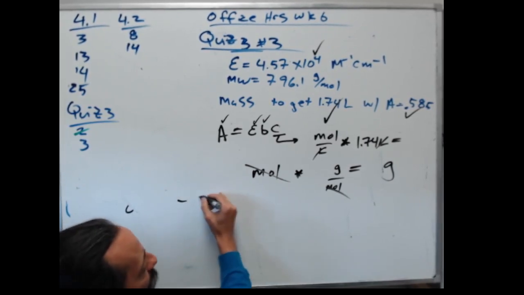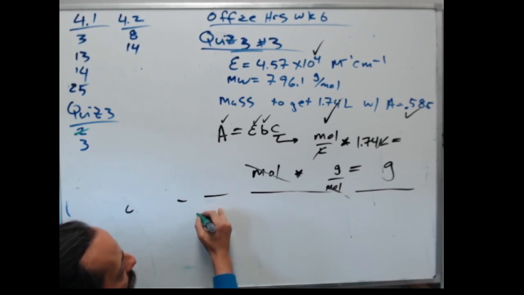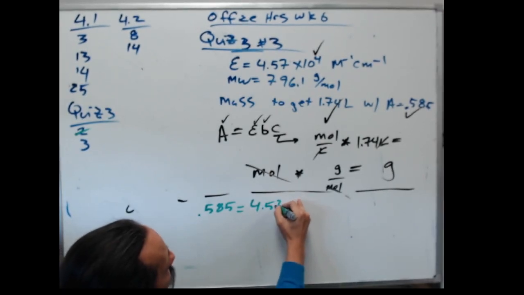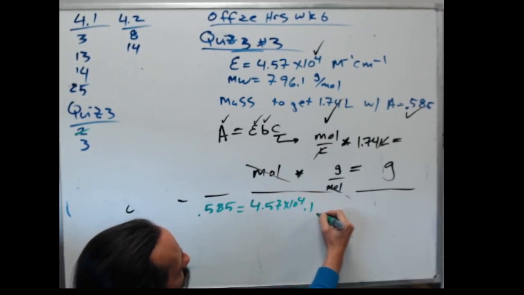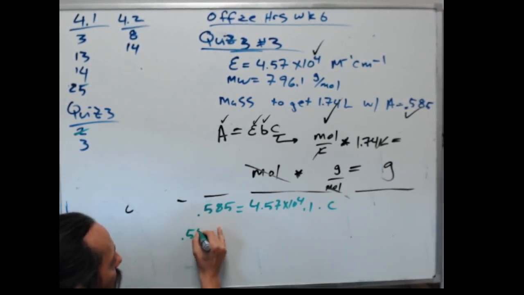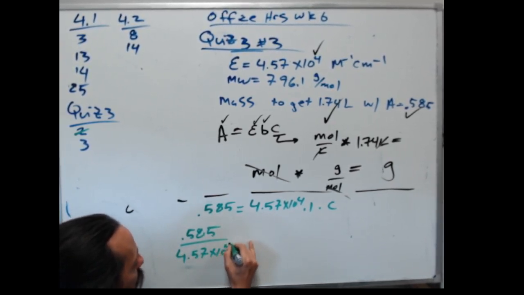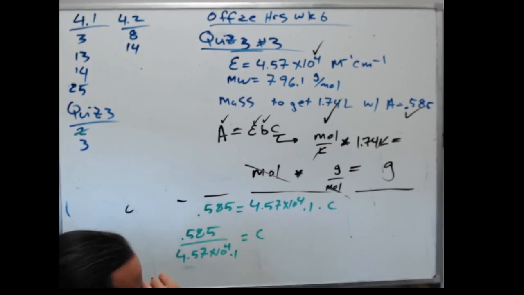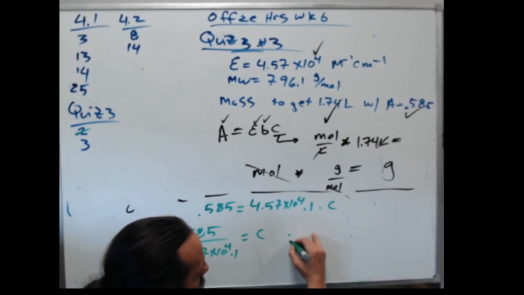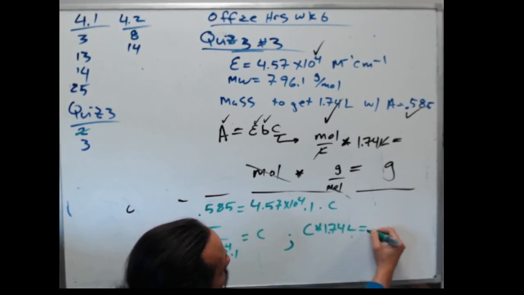Okay, now that we've done our thinking, let's go ahead and do the calculation. So I'm going to have 0.585 is equal to 4.57 times 10 to the 4 times 1 times C. Do my rearrangement: 0.585 divided by 4.57 times 10 to the 4 times 1 is equal to C. Then I'm going to have C times 1.74 liters, which is going to get me my moles.